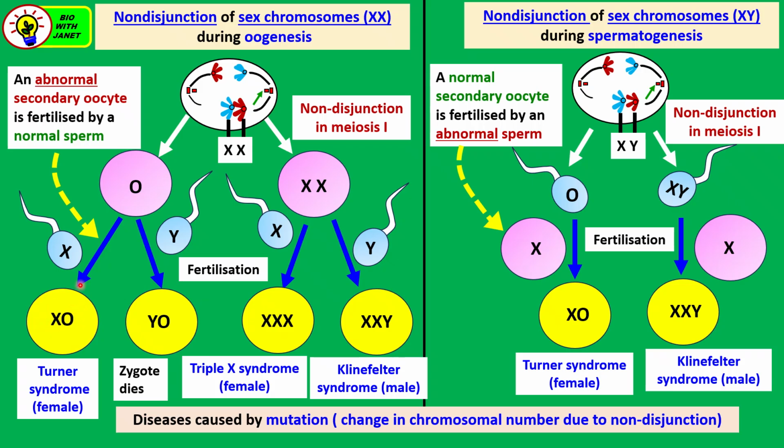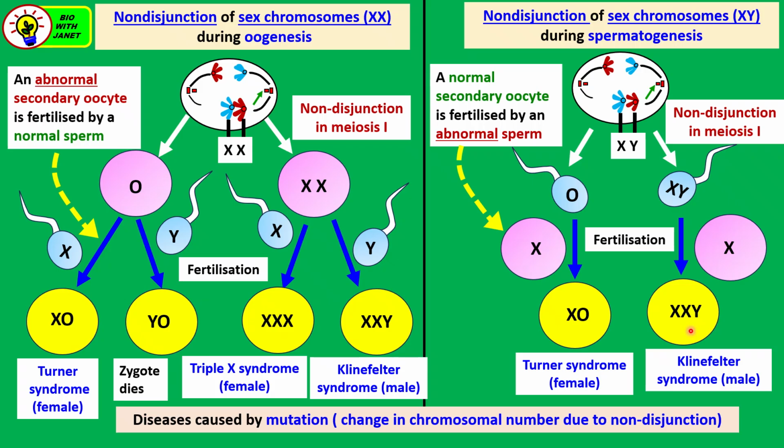However, the way that it's produced is different. In the first case, it's the ovum that has no sex chromosomes that is abnormal. In this second case, it's the sperm that is abnormal without any sex chromosomes. But still the result is the same, that is, a Turner syndrome child is born. Now for the second case, the sperm that has two sex chromosomes, X and Y, if it fuses with a normal secondary oocyte, it will produce a child with XXY chromosomes.